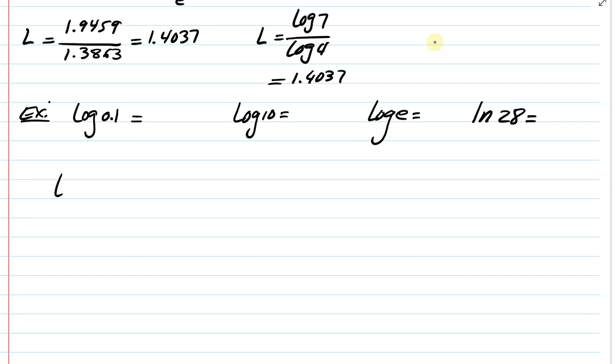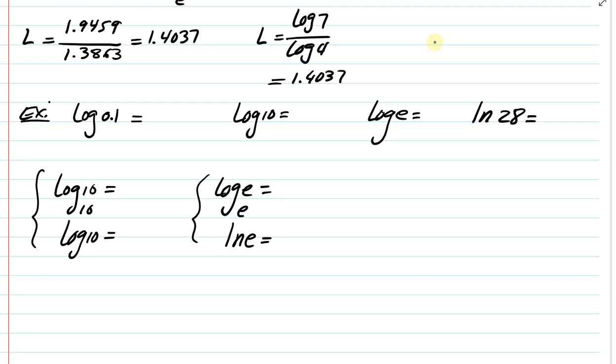And then separately, we're going to do log base 10 of 10. Okay. Let's do log base e of e. And remember, this is just natural log of e, right? And this one is simply common log of 10. These are the same.